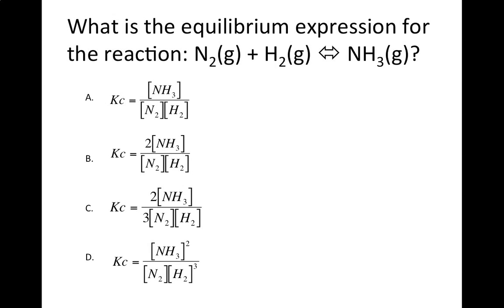I have my NH3, which has a coefficient of 2, so it's NH3 concentration squared. I can see right away that the only one that has NH3 on the top squared is D. But let's see if the rest of them work out. N2 has no coefficient, so just the concentration of N2 times the concentration of H2, and the coefficient we said would be 3, raised to the third power. So D is the correct answer for this practice problem.